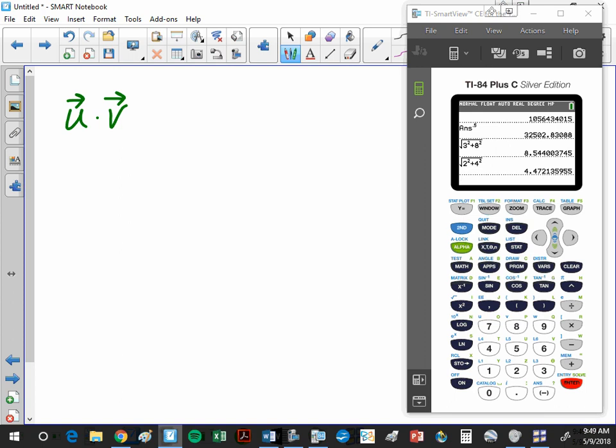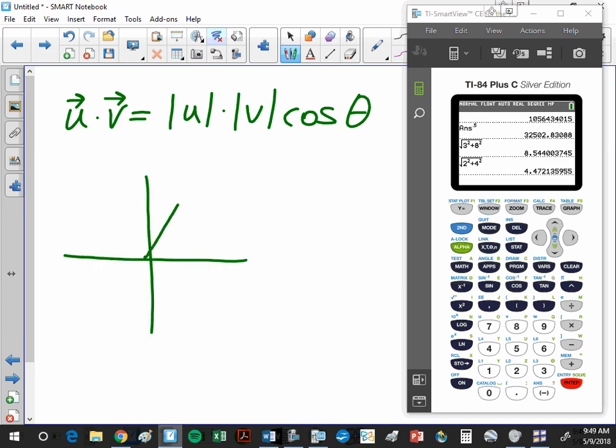Okay? So U dot V is equal to the magnitude of U times the magnitude of V times the cosine of the angle between them. So if I have this vector and this vector, the dot product means the length of this vector times the length of this vector times the cosine of theta, which is the angle between them.